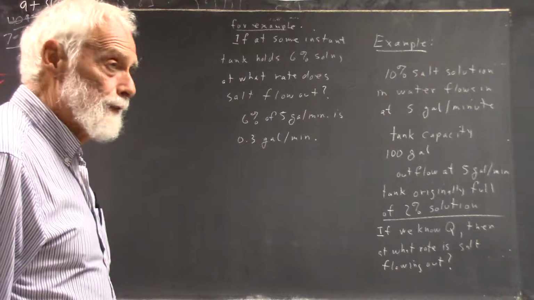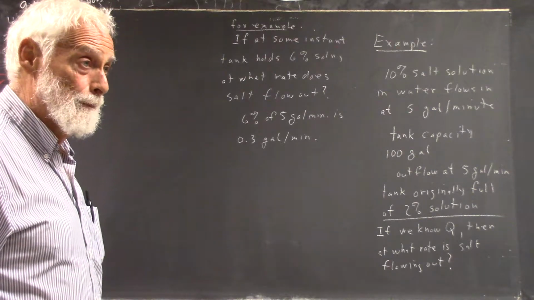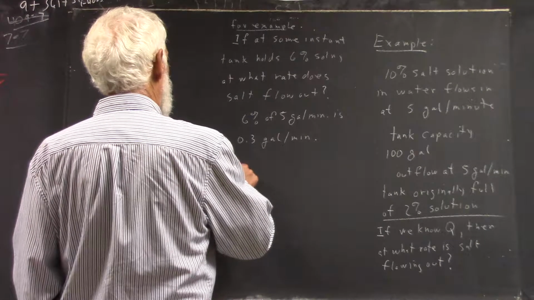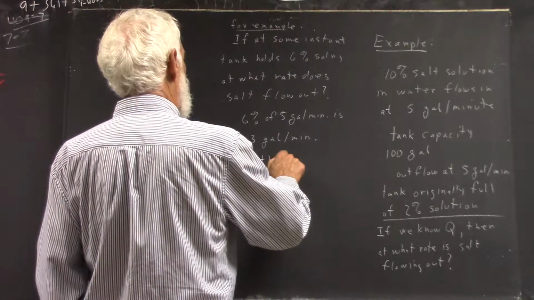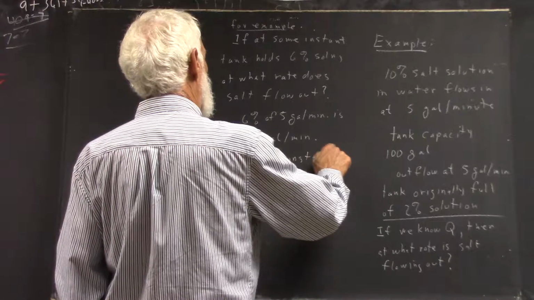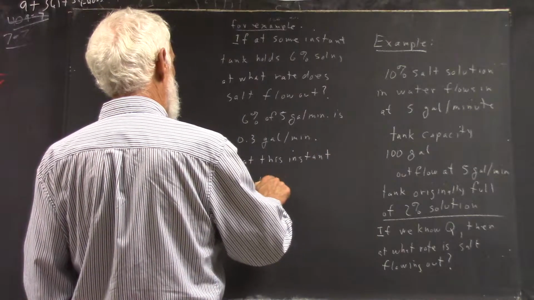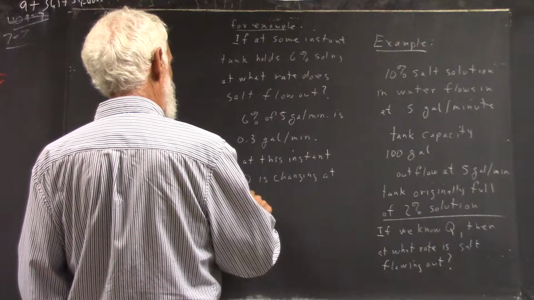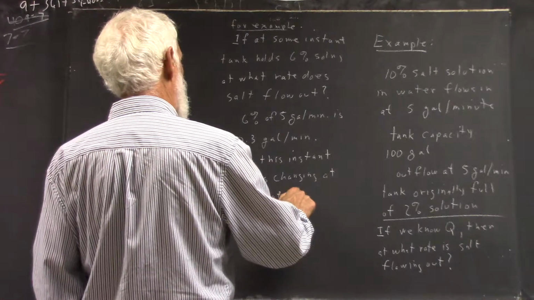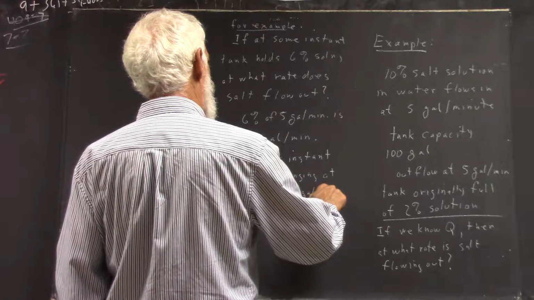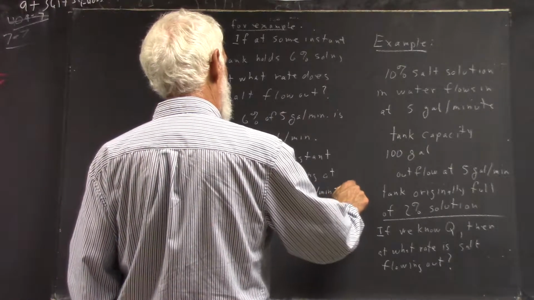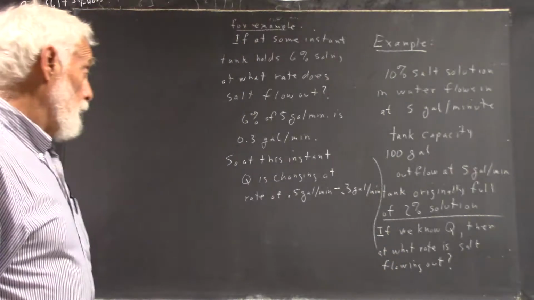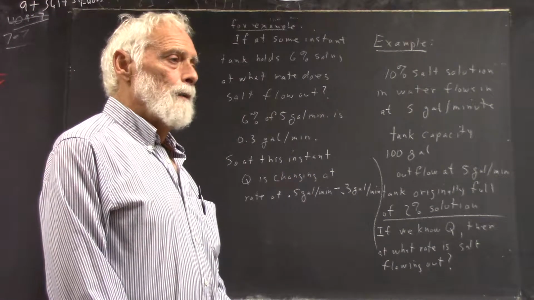6% of 5 gallons per minute is 0.3 gallons per minute. Okay? So, and incidentally then at this instant, Q's changing at a rate of 0.5 gallons per minute minus 0.3 gallons per minute.